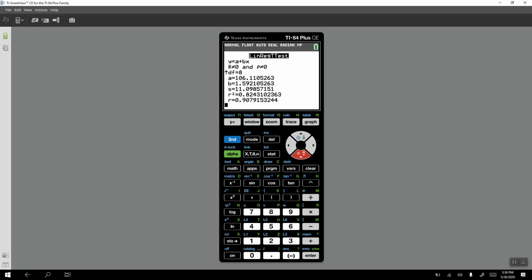All right, so now that we got the R value, let's go back and start working on this test statistic that we need to extract. So the R value here is 0.9079. Let's go ahead and write that down.